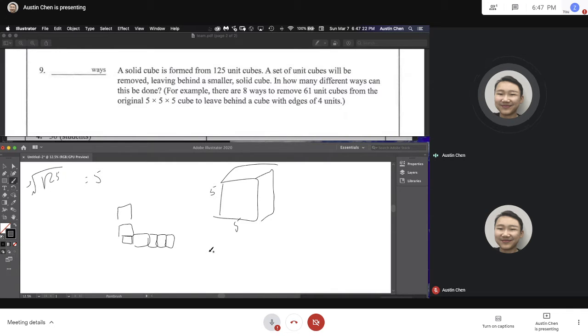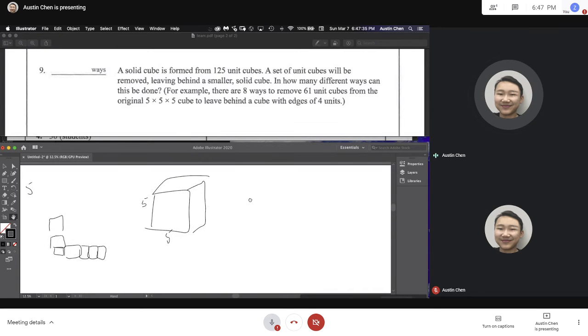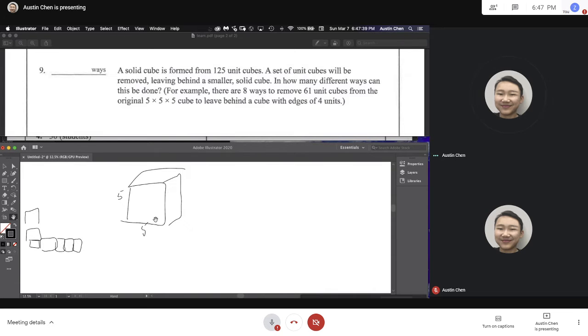So then we can change this problem to just counting how many cubes of any size exist in our 5 by 5 by 5 cube. So you need to think about how you can do that. With the 4 by 4 by 4 case, we can think of casework at the start.